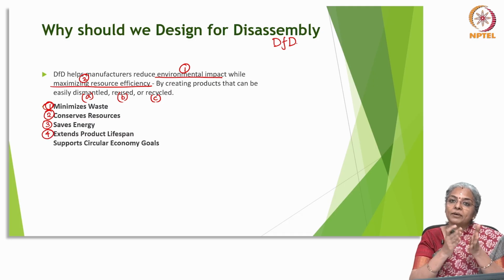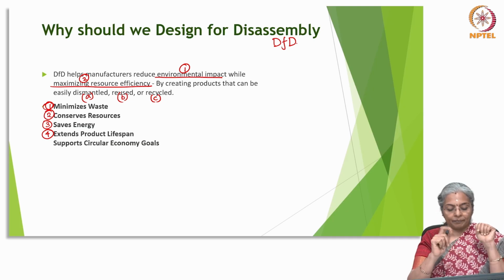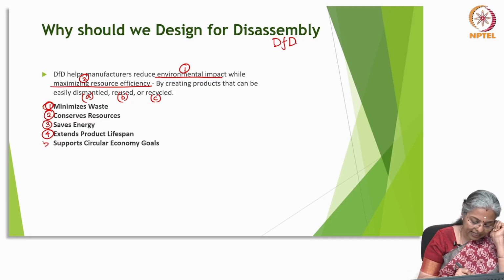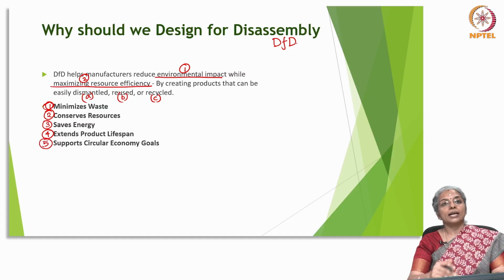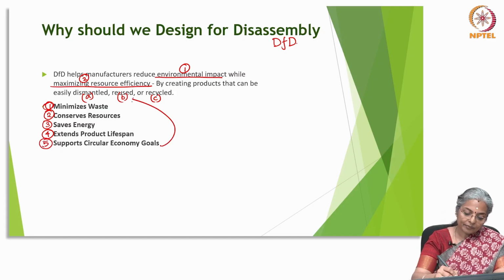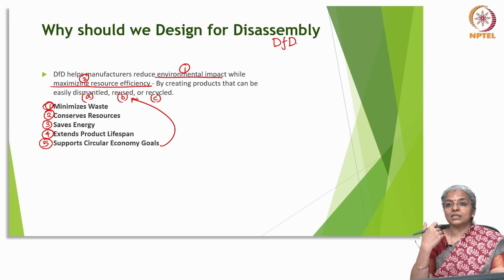This can happen because it can allow for repairs, upgrades and part replacements, thus maximizing longevity. And fifth is it can support circular economy goals because it encourages reuse, recycle, all of which is part of sustainable business practices.